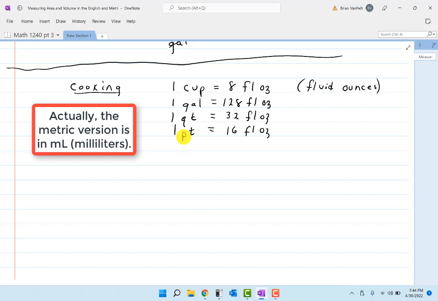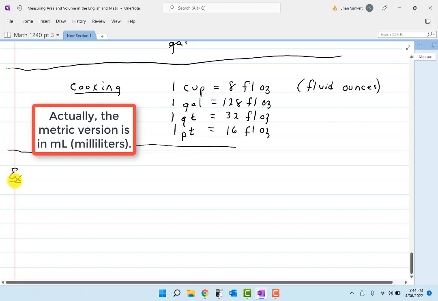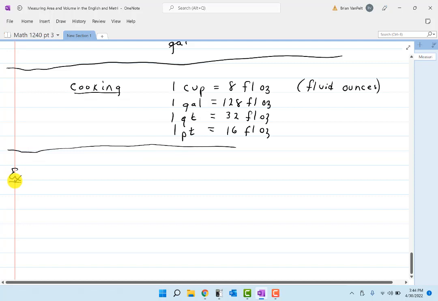Let's go ahead and do an example with this. A recipe for 4 calls for 1/3 cup of sugar.